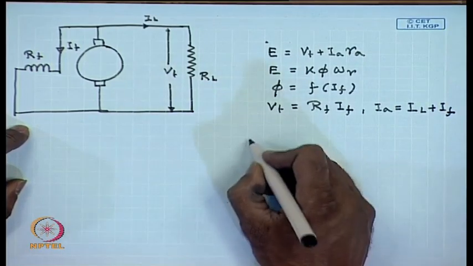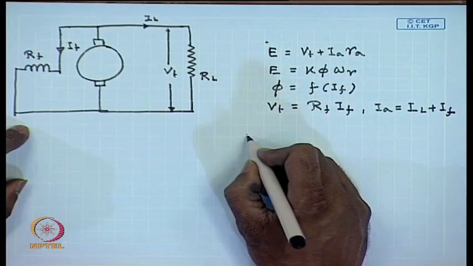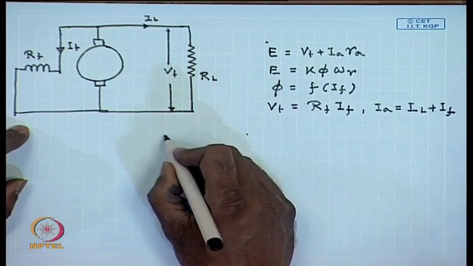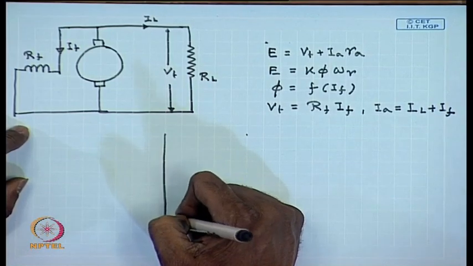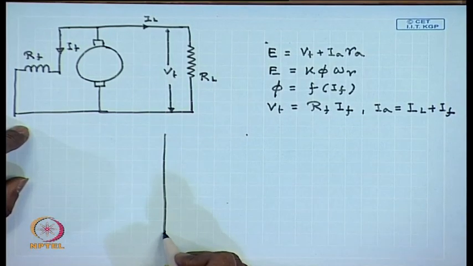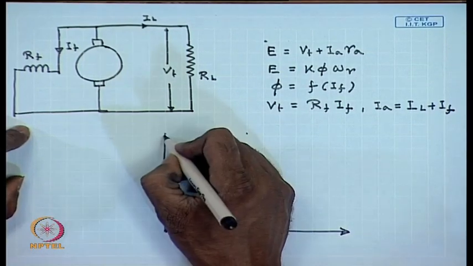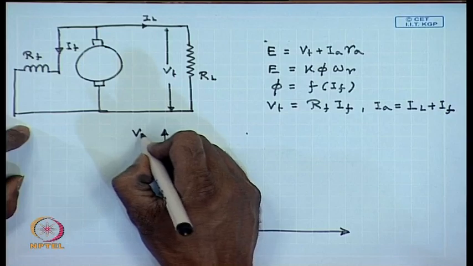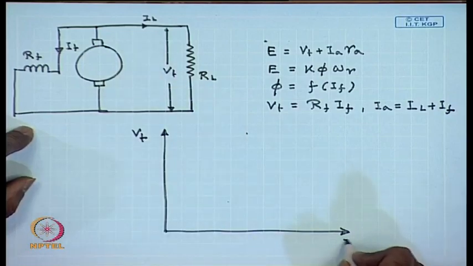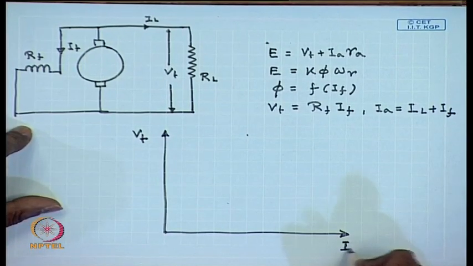If we plot the external characteristics of a DC shunt generator, it is remarkably different from that of a separately excited DC generator.